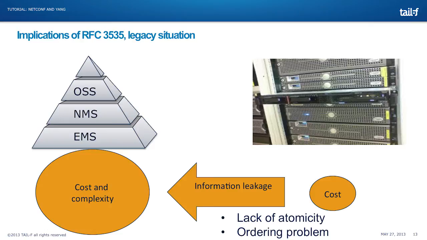But this information leakage, which forced intimate knowledge of the internals of a network device into my management stack, led to significant cost and complexity issues at the central management layer as a result of how devices were implementing network management.